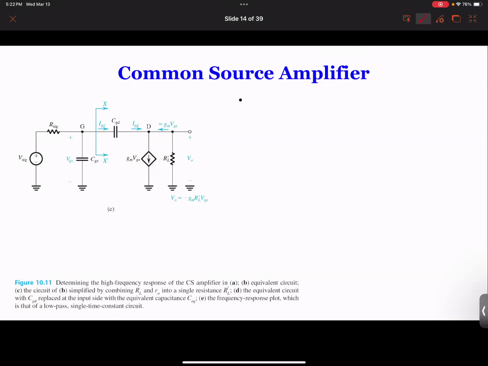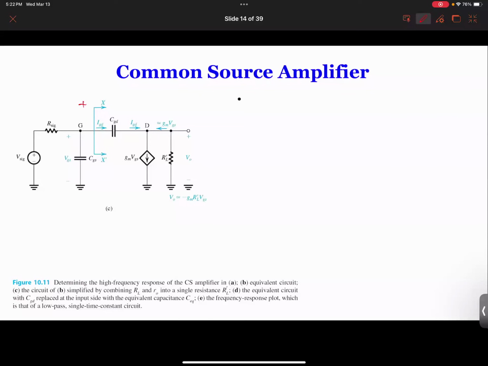The assumption we're going to make today is that CGD is a fairly small capacitor, so let's look at the current between G and D. Suppose the voltage here is VGD.